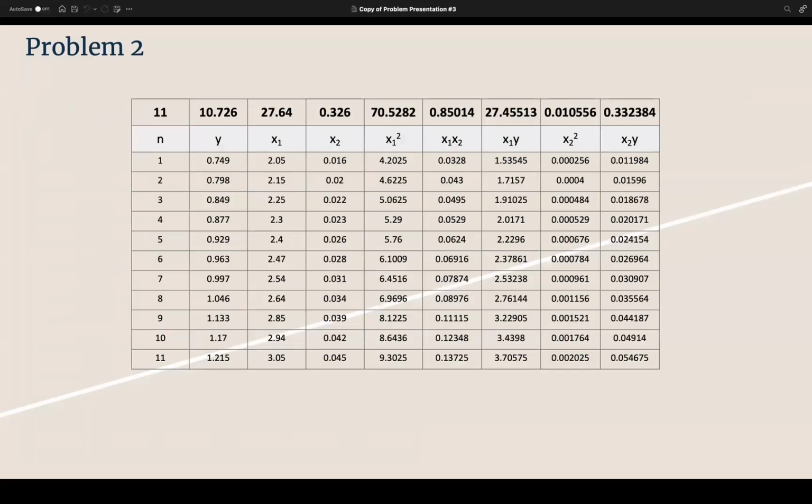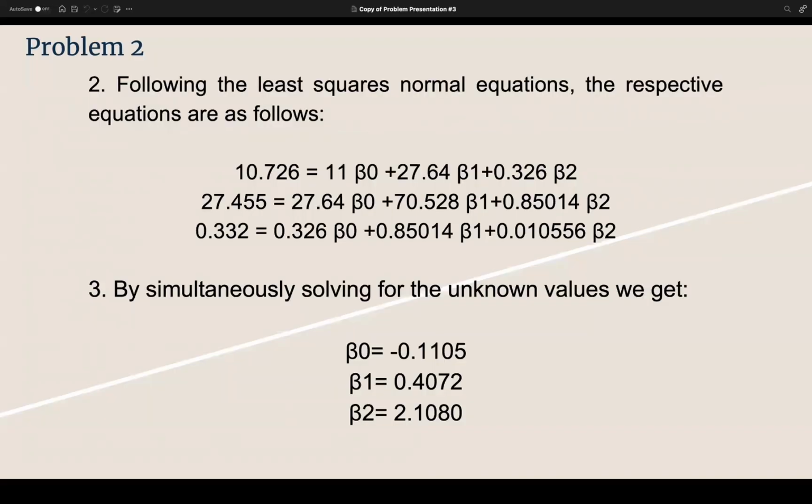And here is a summary of the values needed for calculating the betas and their summations. Plugging in the values would give us these three equations: 10.76 is equal to 11 beta 0 plus 27.64 beta 1 plus 0.326 beta 2, and so on.